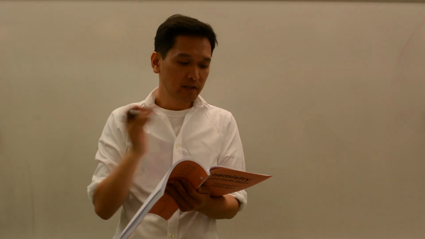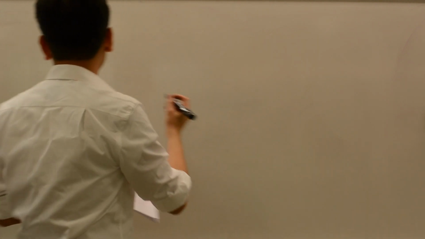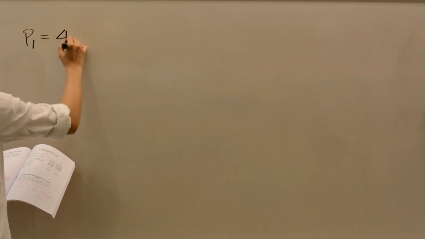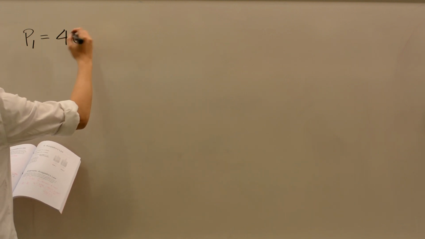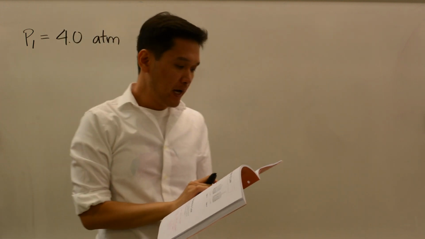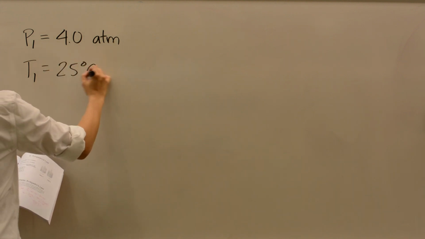All right, the way to tackle these gas law problems is to write down what you know. Let's read the problem. A rigid container of hairspray at pressure 4.0 atmospheres. That's our first pressure, so P1 is equal to 4.0 atmospheres. At a temperature of 25 degrees Celsius, so T1 is 25 degrees Celsius.